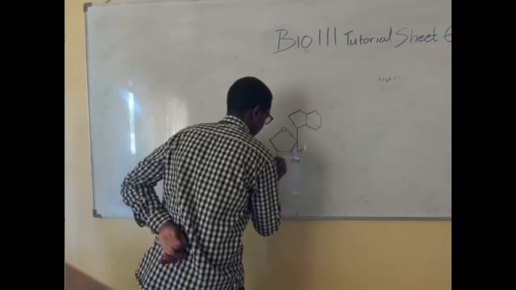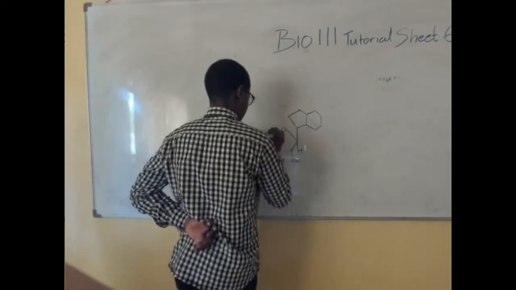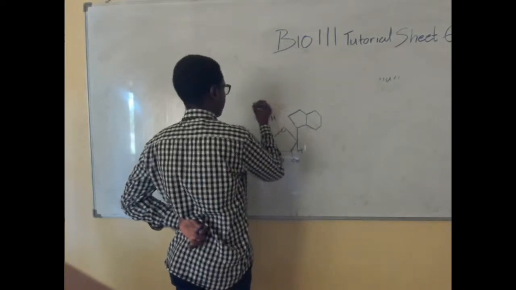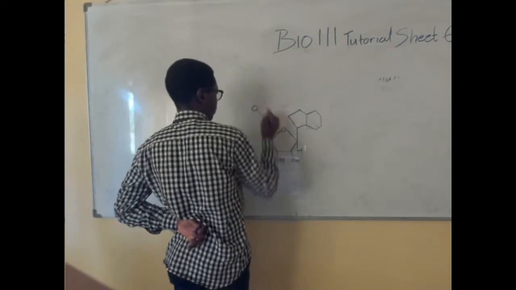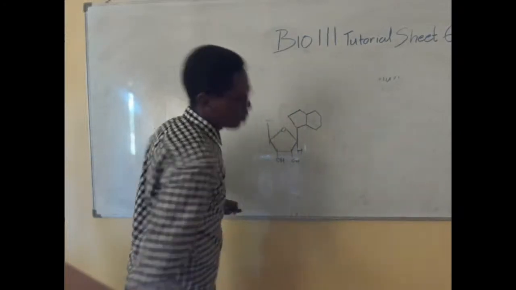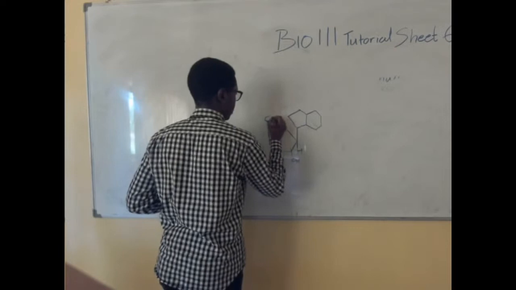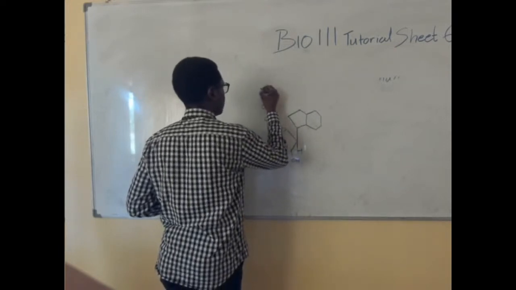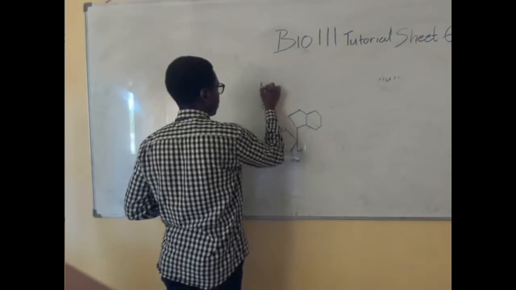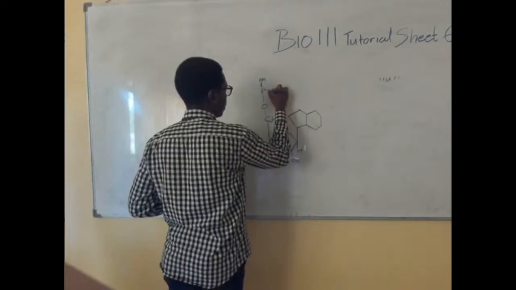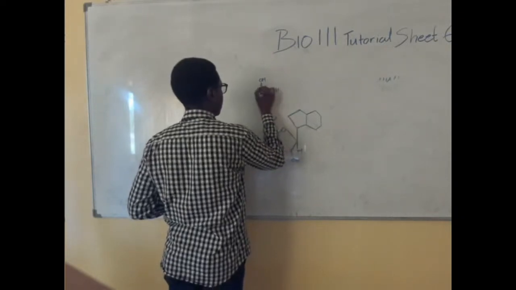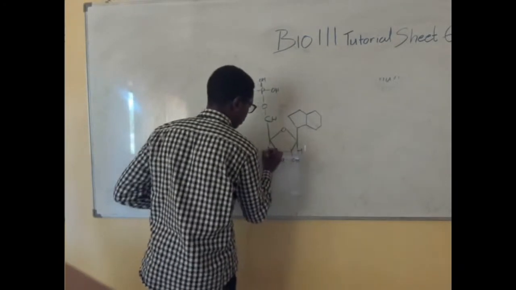We have our sugar, and we have our phosphate group there. So we have one nucleotide there.